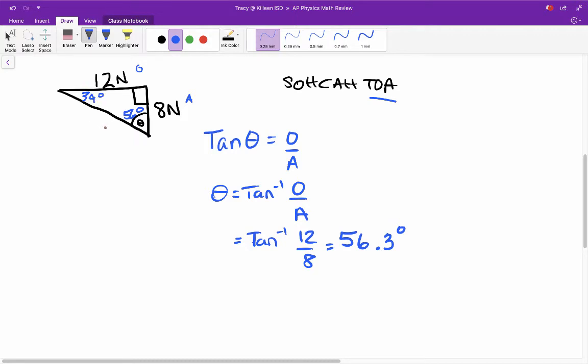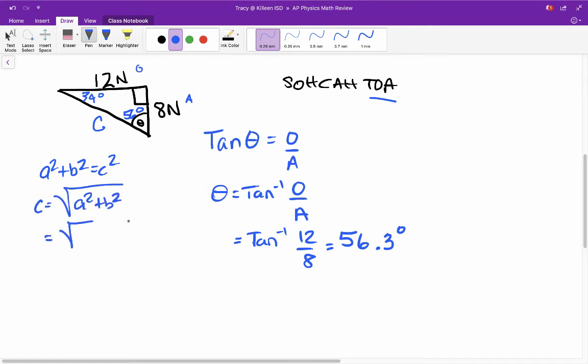If I want to find my hypotenuse, I could do sine, cosine, or tan of either of these angles. The other way I could find the hypotenuse, remember Pythagorean theorem. So a squared plus b squared equals c squared, and your hypotenuse is the c. So c is always going to be the square root of a squared plus b squared.